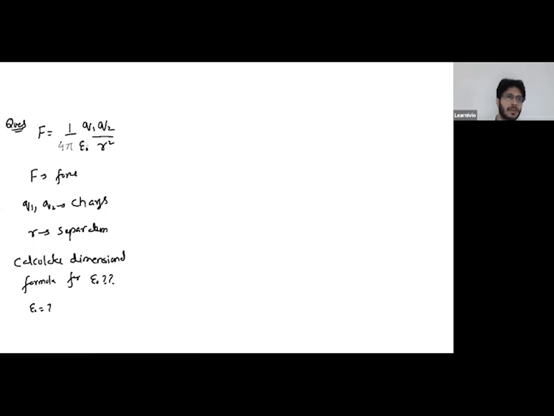You're supposed to calculate dimension of this constant. The name of this is epsilon. Calculate the dimension formula of this epsilon. It should hardly take 1 minute, not more than 1 minute.